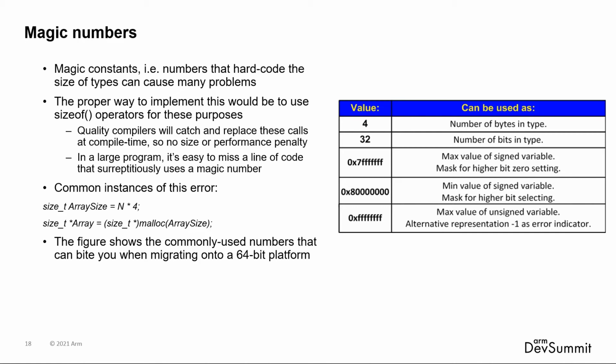Usually such errors look like the code shown in the slide. The figure shows the basic numbers which you should be cautious working with while migrating onto a 64-bit platform. And the table shows basic magic values, which are dangerous while porting applications from a 32-bit platform into a 64-bit.